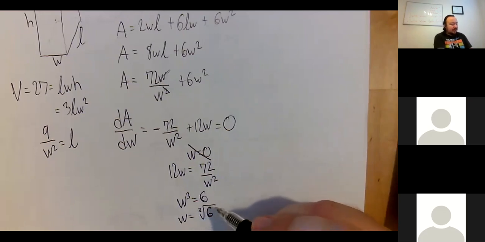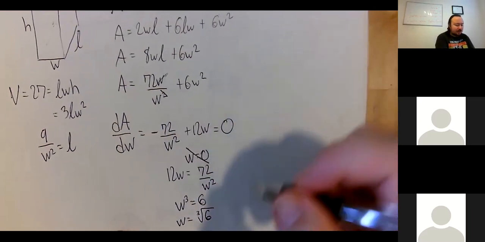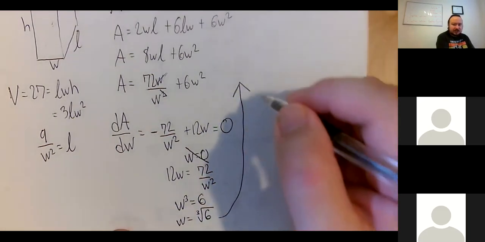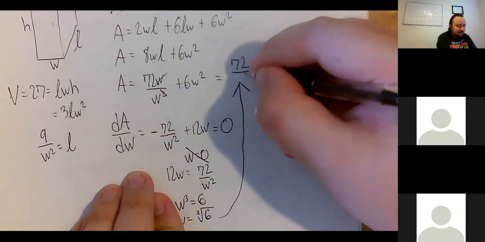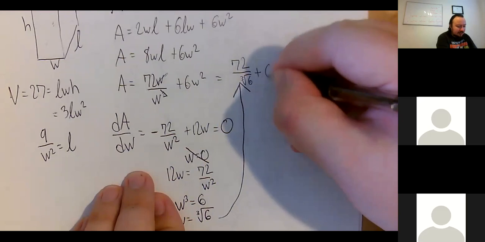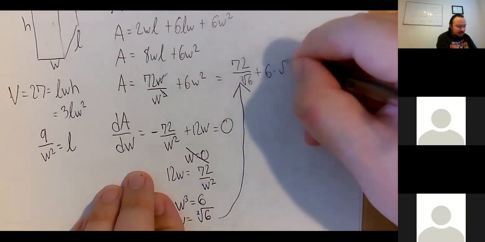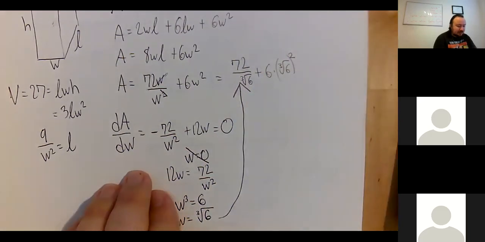So let's go back up to our surface area equation, which is right here, and we could plug in the cube root of 6 to see what we get. So we have 72 over the cube root of 6 plus 6 times the cube root of 6 squared.